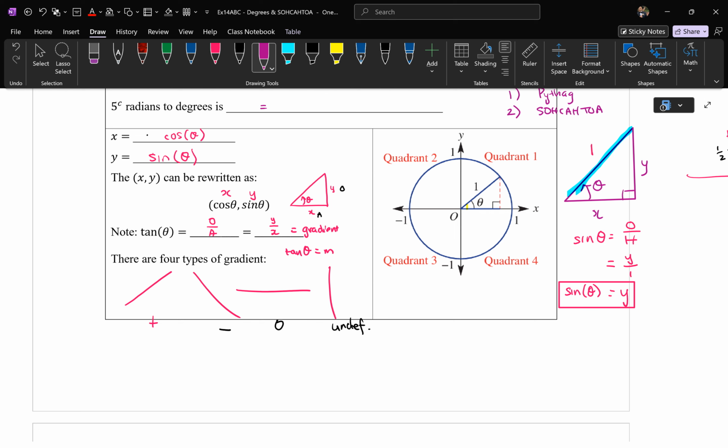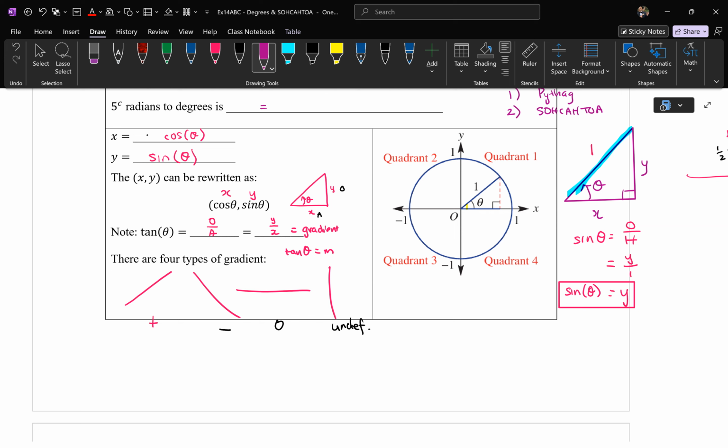So if I want undefined, if I want this line, see that rotation? I'm rotating it. What angle do I have to rotate to get an undefined line? 90. Let's try it. If I go to my calculator and you type in tan 90, it's undefined. See, that's what tan means. Tan is just talking about the rotation.